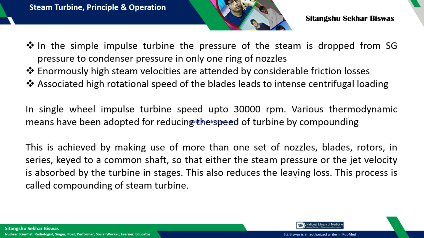And to avoid the huge pressure drop across the steam generator and the condenser, rather than having a single set of nozzle and moving blade, if you do it by several stages, then the handling of such loss and the turbine speed can all be handled in a fruitful manner.